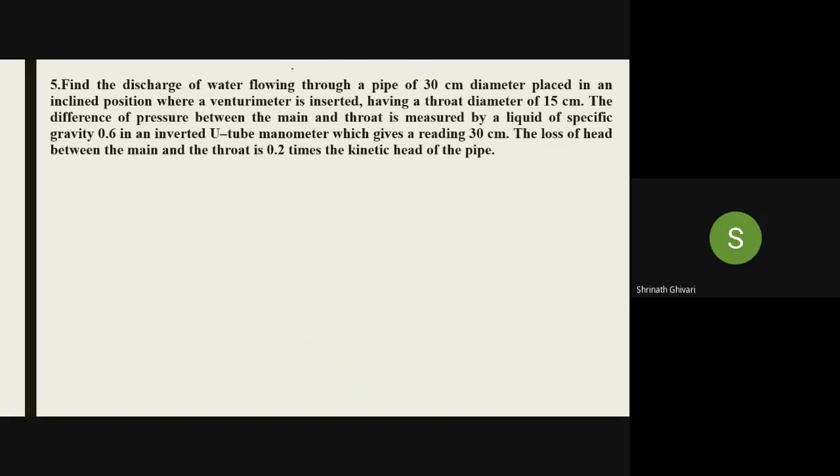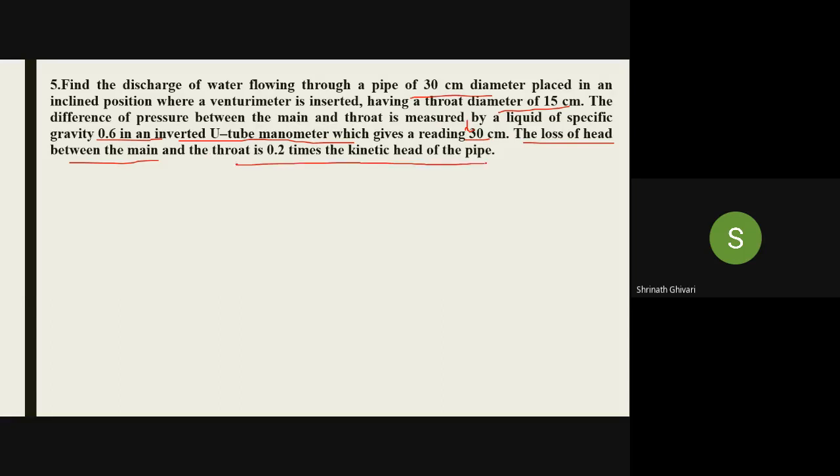So there's a pipe of 30 centimeter diameter. We are connecting a Venturimeter which has a throat diameter of 15 centimeter. The difference of pressure head between the main and the throat is measured by a liquid of specific gravity 0.6 in an inverted U-tube manometer, which gives a reading of 30 centimeters, this is x. The loss of head between the main and the throat is 0.2 times the kinetic head of the pipe.